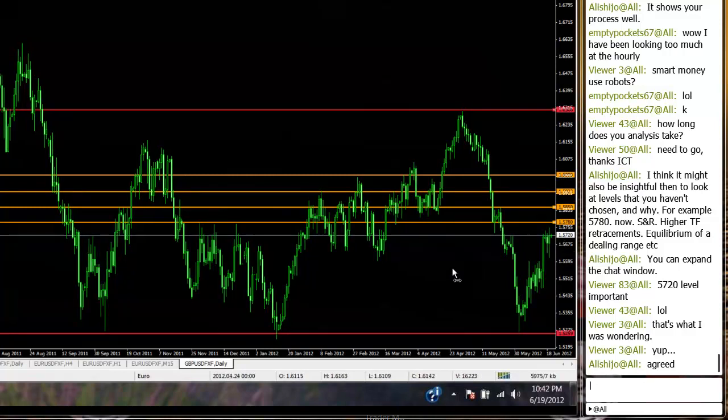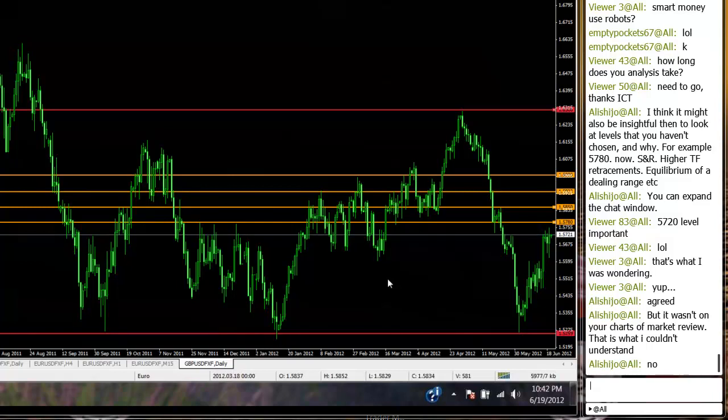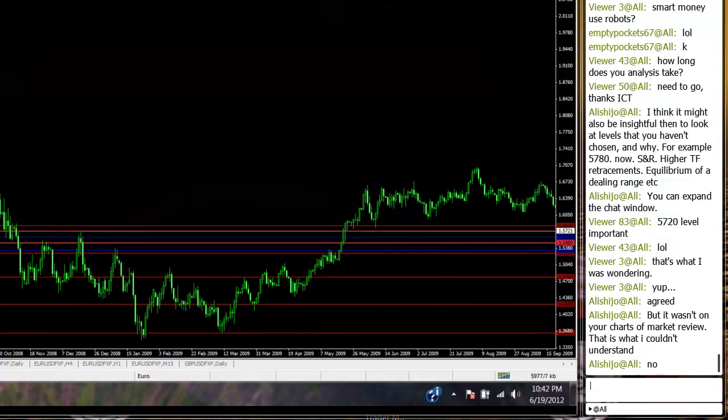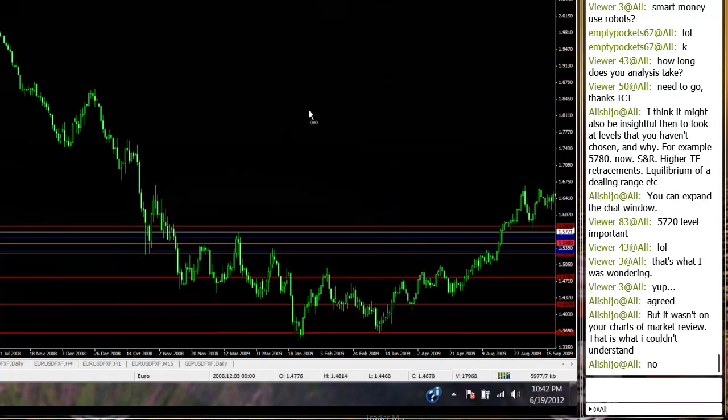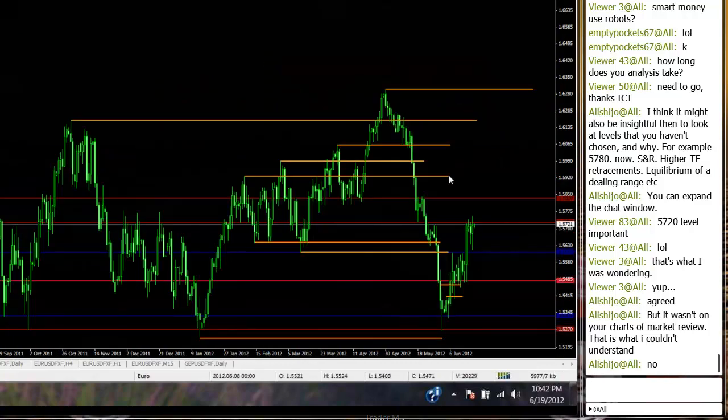And look how close we are in proximity to that level, 157.80. 157.80 wasn't on my chart.